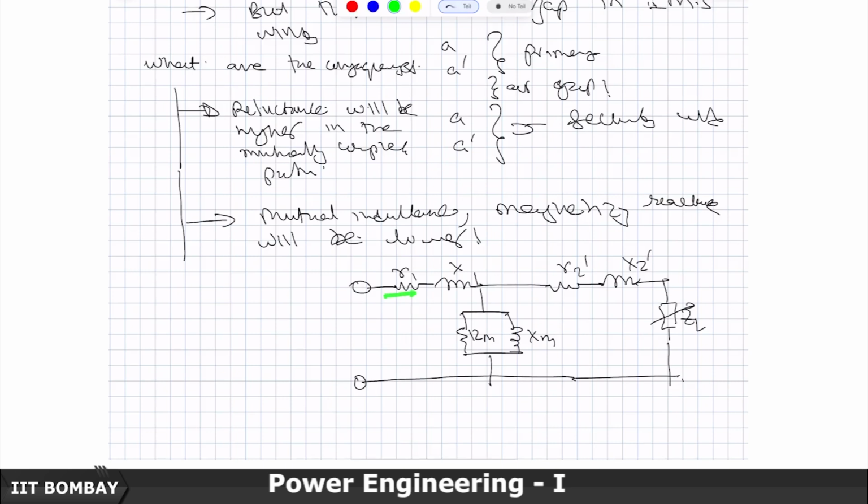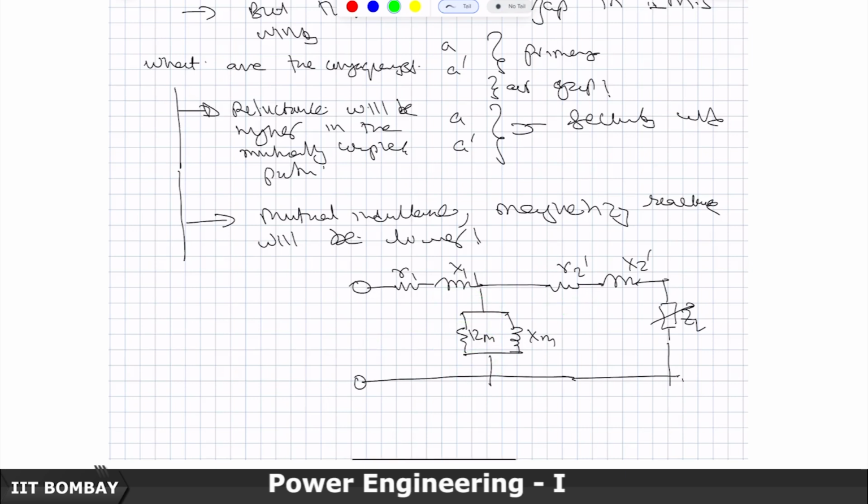this is the primary winding reactance, this is the leakage reactance of the primary winding, and this is the magnetizing impedance of the winding. Rm accounts for hysteresis and the core losses.